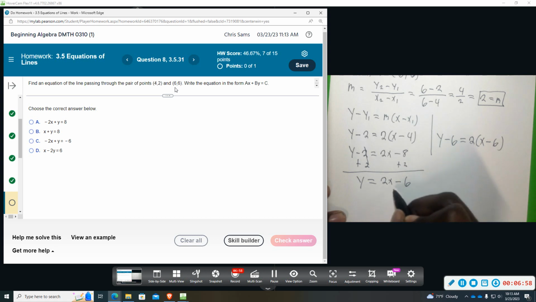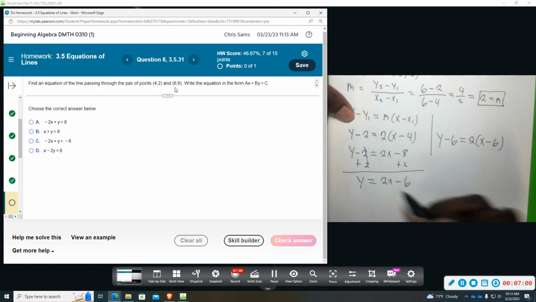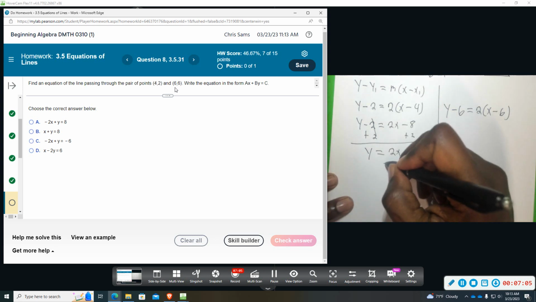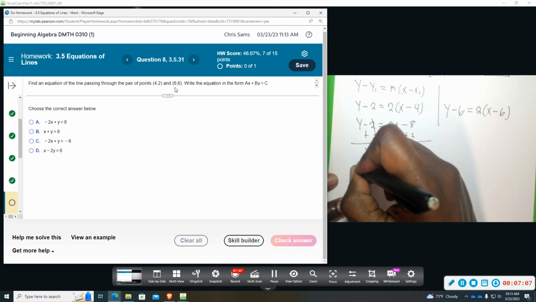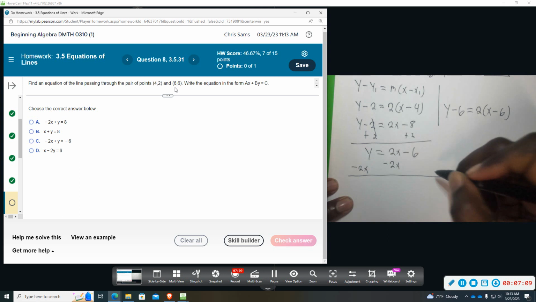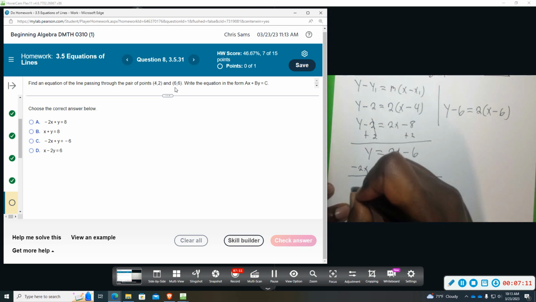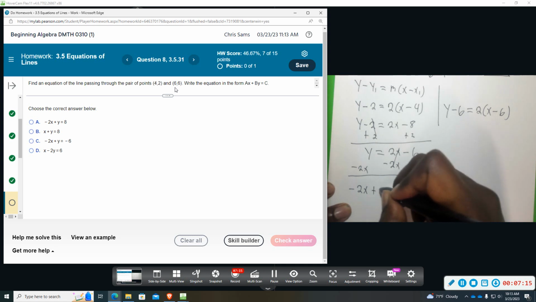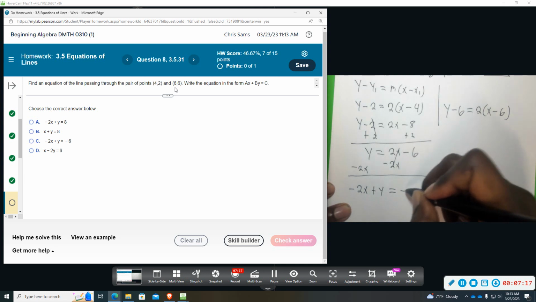And then this is in slope-intercept form, but I want it in standard form, so I'm going to move the 2x over. So I'm going to subtract 2x. All right, so I'll bring down negative 2x plus y equals negative 6.